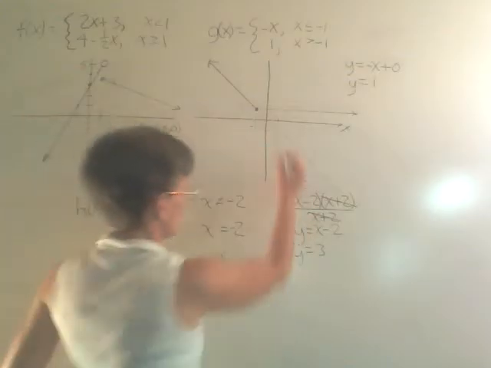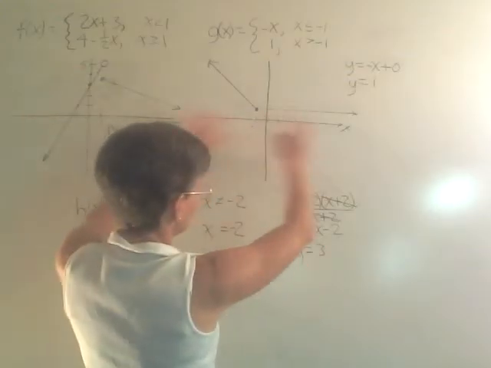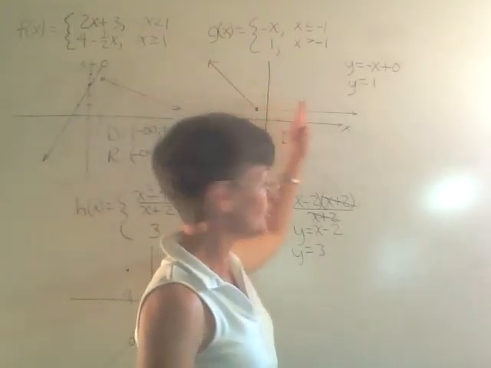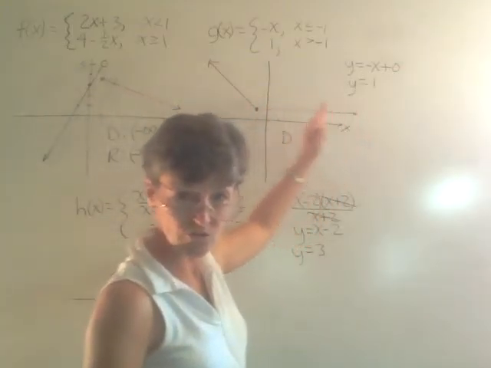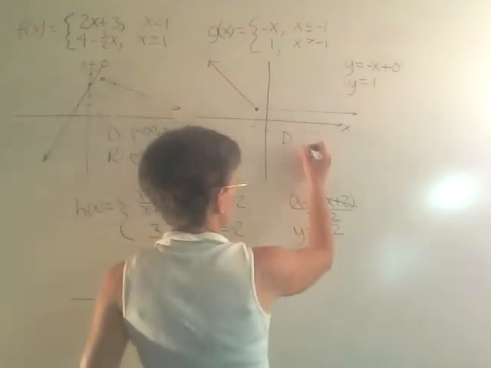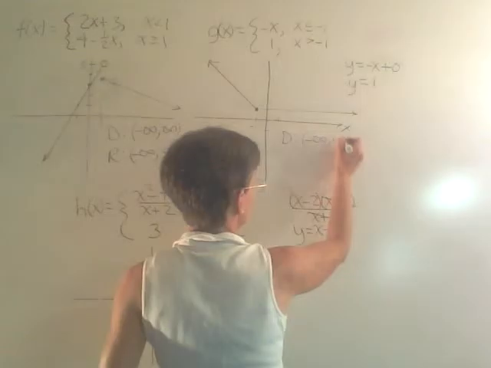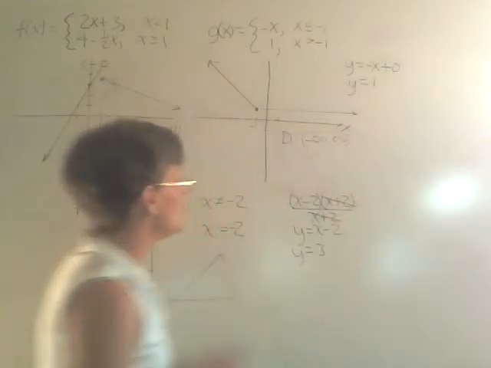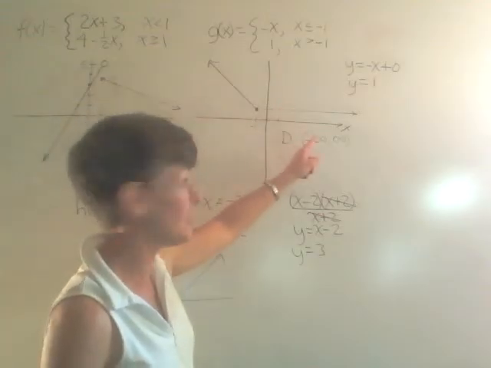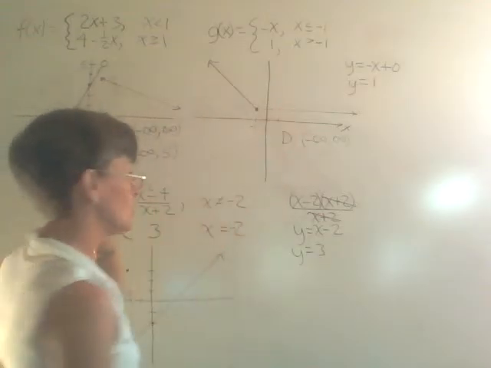Now, if you look at this graph, again, you can tell all of the x's are included. There's no place where there's not a curve as far as the x's go. So my domain is -infinity to +infinity. There are no x values that I don't have. Okay, I can pick a point anywhere and there's an x value for that point.